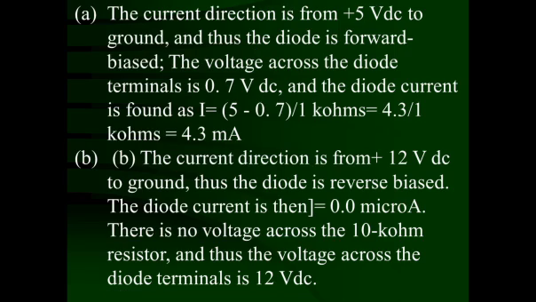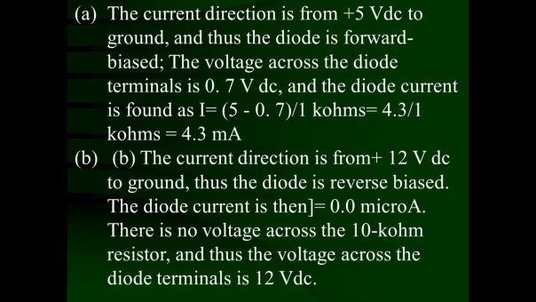The voltage across the diode terminals is 0.7 volt DC, and the diode current is found to be I equal to 5 volt minus 0.7 divided by the resistance 1 kilo ohm, that is 4.3 upon 1 kilo ohm, that means 10 raised to 3 ohms. So that 10 raised to 3 comes into the numerator.